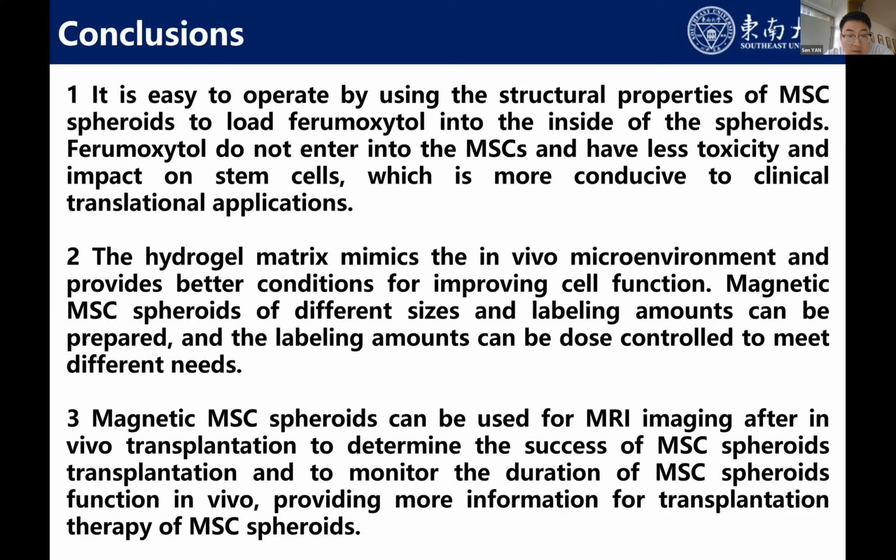Magnetic MSC spheroids can be used for MRI imaging after in vivo transplantation to determine the success of MSC spheroid transplantation, and to track the duration of spheroid function in vivo. It can provide more information for transplantation therapy of MSC spheroids.